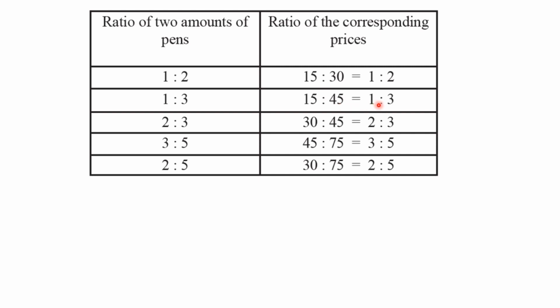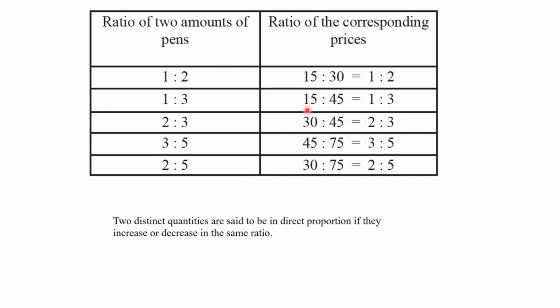So 1 to 3. Now look at this one, 2 and 3. 2 pens is 30 rupees, 3 pens 45. If you simplify further, 2 to 3. So if you consider any two amounts here and the corresponding values for these two amounts, you can see the same ratio, 2 to 3, 2 to 3. So a proportion like that we call a direct proportion.